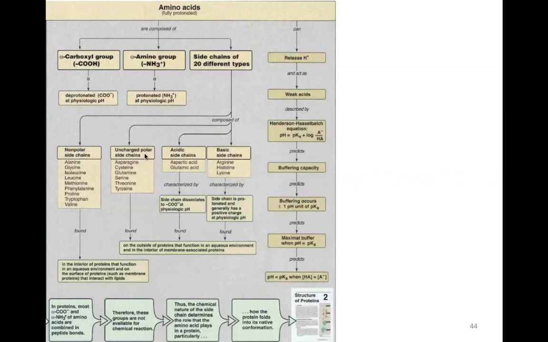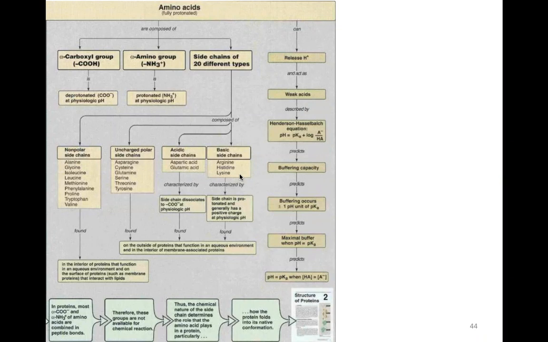The uncharged polar side chains are asparagine, which is the amide form of aspartic acid, cysteine, glutamine, serine, threonine, and tyrosine. And aspartic and glutamic acid are the acidic side chains, whereas the basic side chains are basically arginine, histidine, and lysine.